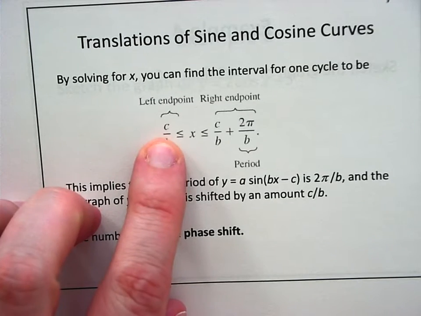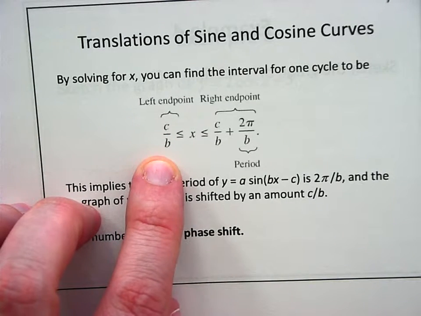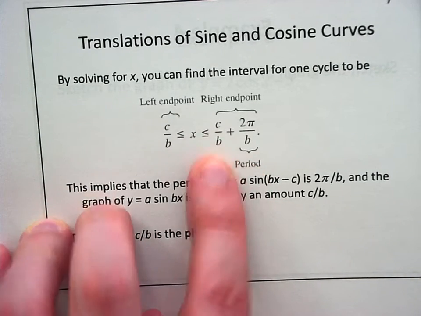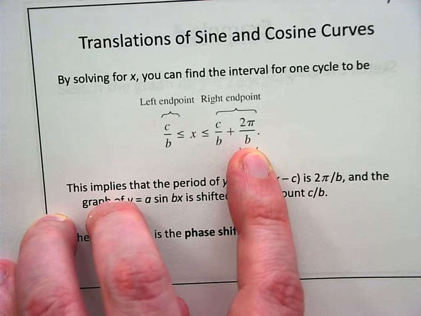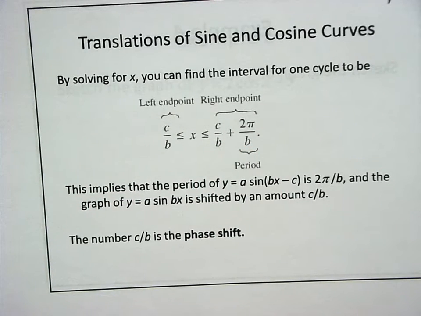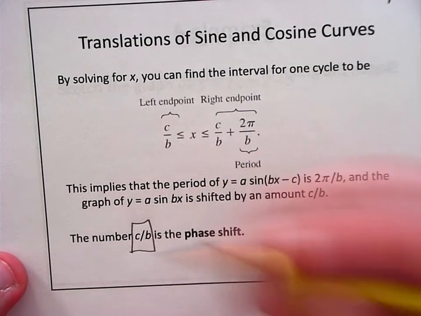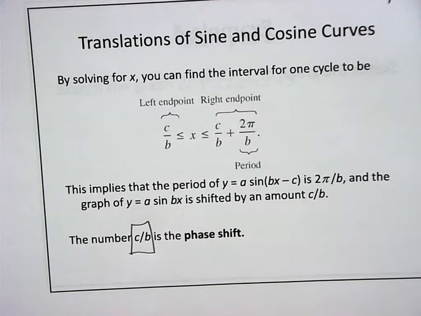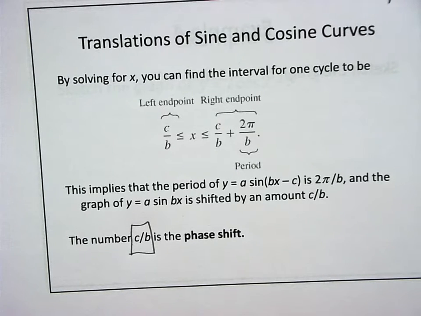The idea being, if you go from C over B on the left, you would stop at C over B plus 1 cycle on the right. That to me is a little bit confusing, so what I do instead is I just look at this C over B value, and then that's how far you're going to shift the graph. Take every single point on that graph, those 5 key points, and move them over by whatever C over B is.